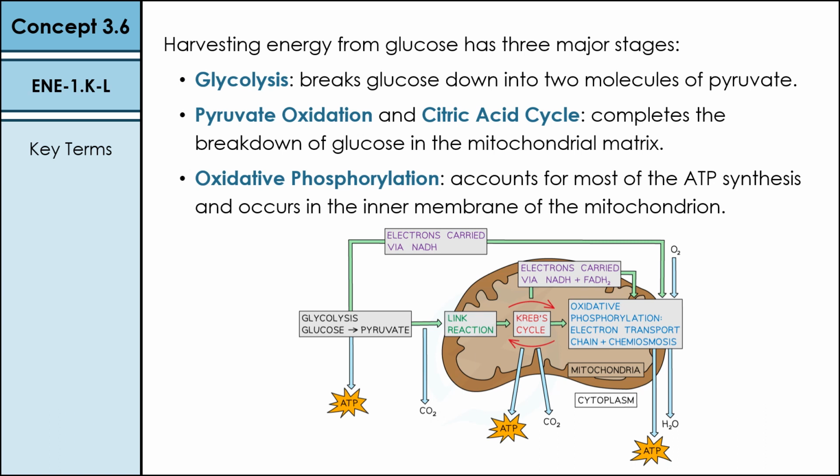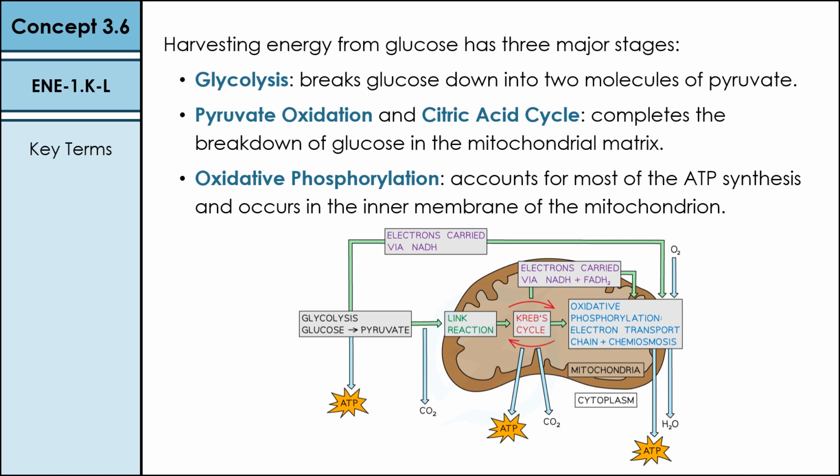We create a little bit of ATP, but really we're creating more of those electron carriers. And then all of these electron carriers can end up in oxidative phosphorylation, where we're taking those electrons that have been generated, we're using them to create that hydrogen ion gradient, and we're creating a large amount of ATP at the very end.